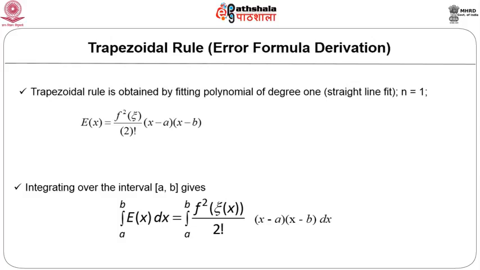So, the error term for this case, integral a to b E(x) dx, is given by integral a to b f''(xi) by 2, because n plus 1 is 2 now, there are n plus 1 points, that is 2 points, (x minus a) into (x minus b) dx.